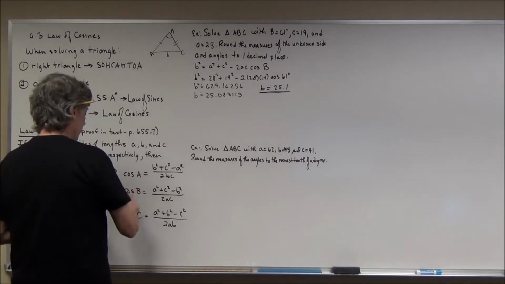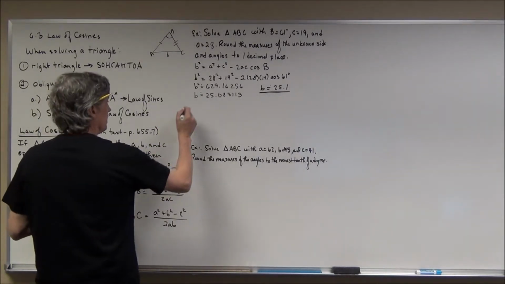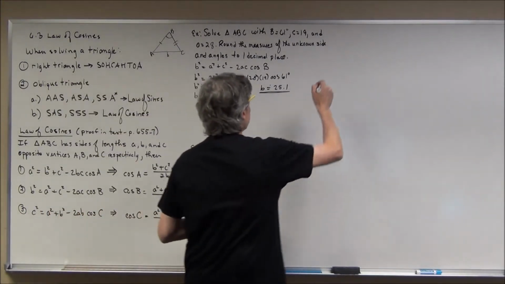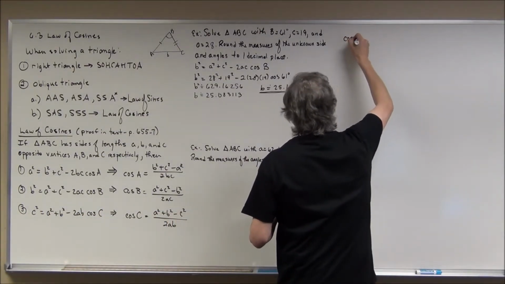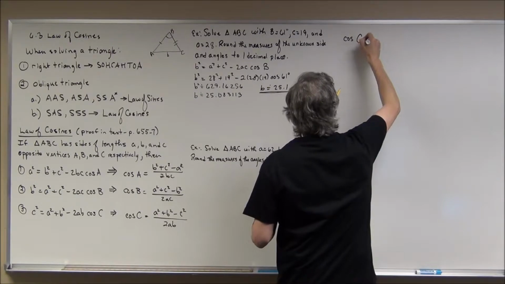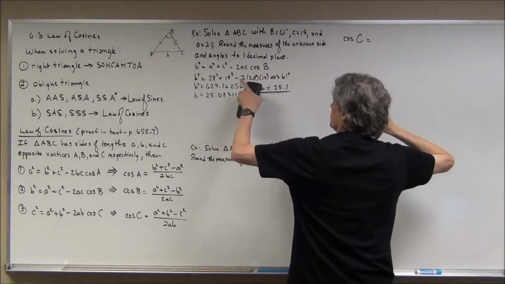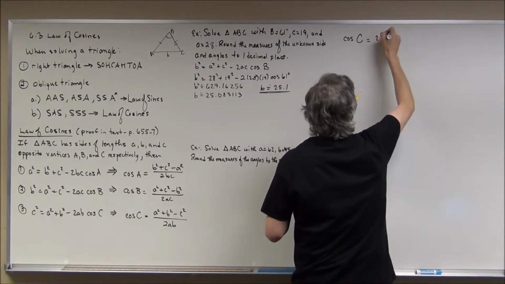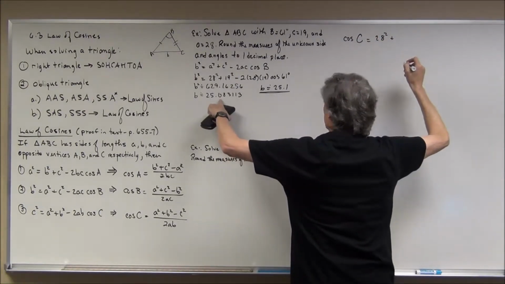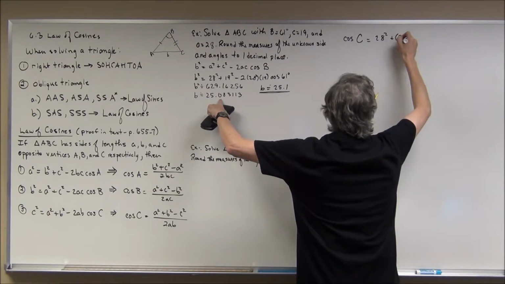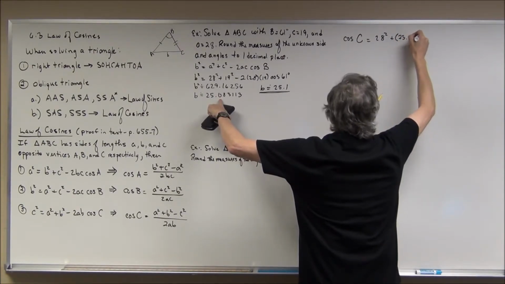So now, let's say I'm going to find the cosine of C. Let me put it over here. The cosine of angle C, which I don't know, is equal to A squared. Now A, remember, is 28, plus B squared. I'm going to use this version of it, even though it's going to be a pain to type into my calculator.